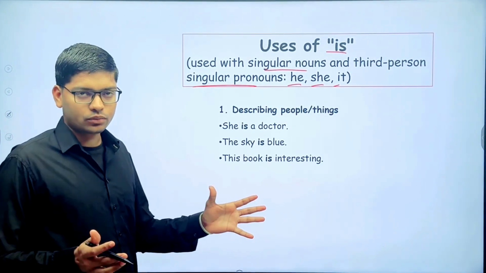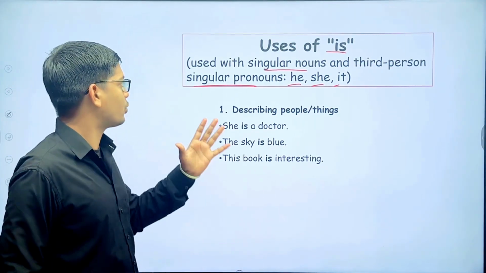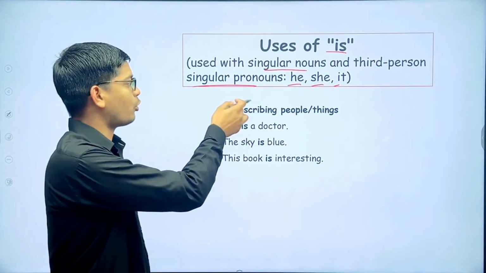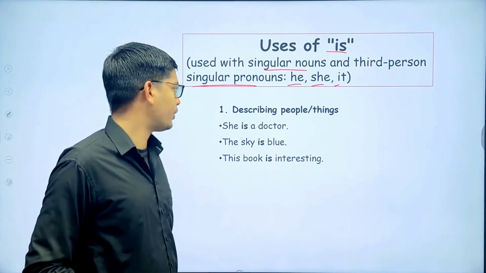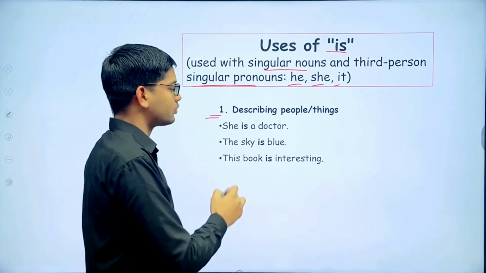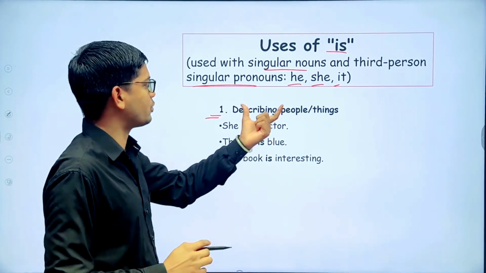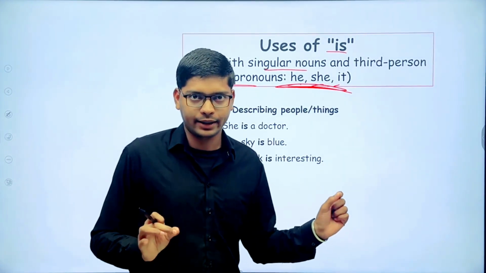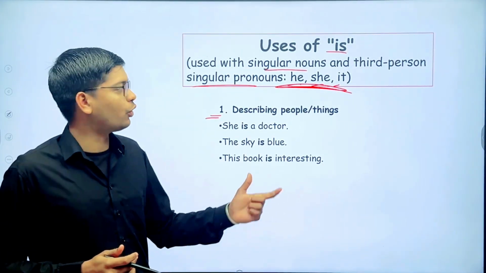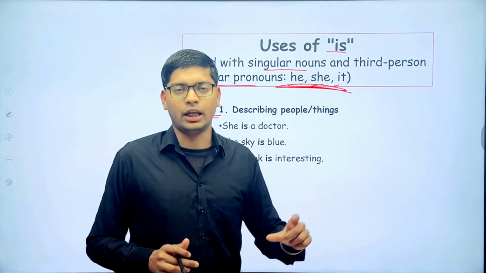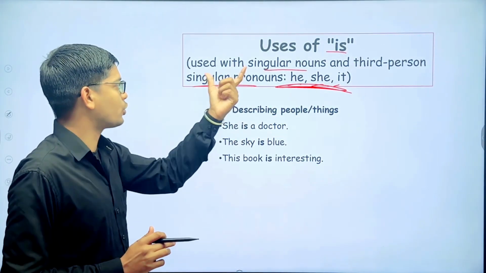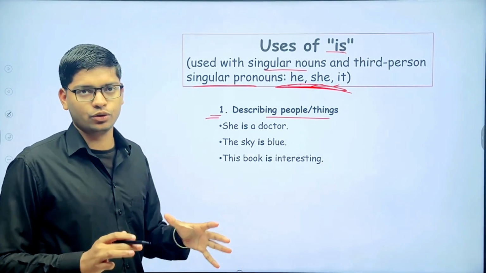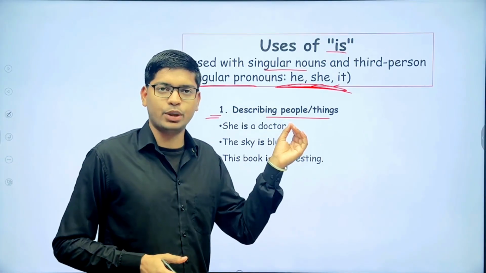Is is a singular verb, and is is for he, she, it, like third person pronouns or singular nouns. So here our first use of is is describing people or things.